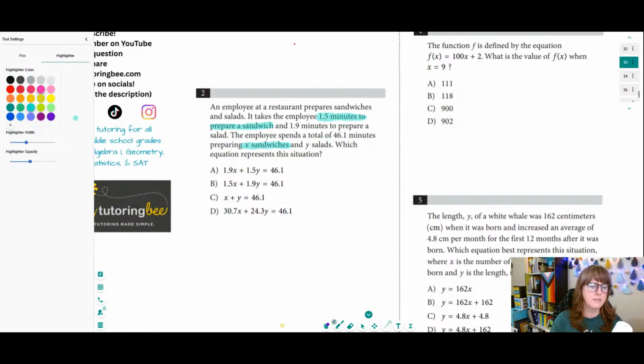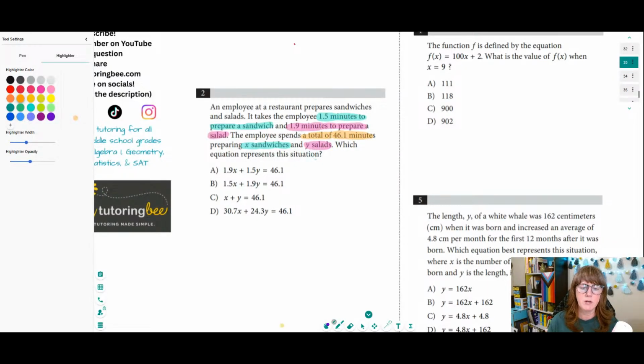And then separately, they tell us that it takes a different amount of time to prepare a salad, and then again, they're telling us down here what variable they want us to use for salads. Oh, I'm sorry, I forgot to highlight the total time. So it takes them a total time of 46.1 minutes to prepare those X sandwiches and Y salads.